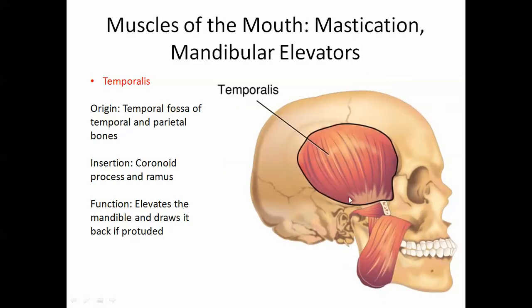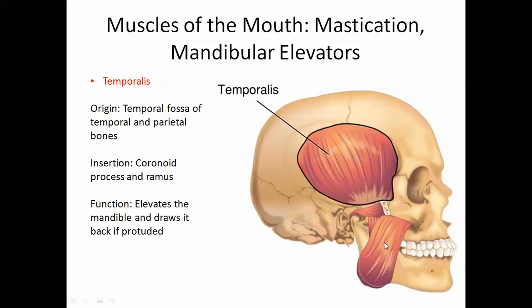All right, temporalis, it basically covers your temporal bone. Okay, and when this muscle shortens, it elevates the mandible, and it also is attached to the coronoid process, if that helps. Elevates the mandible, okay, and draws it back if protruded.